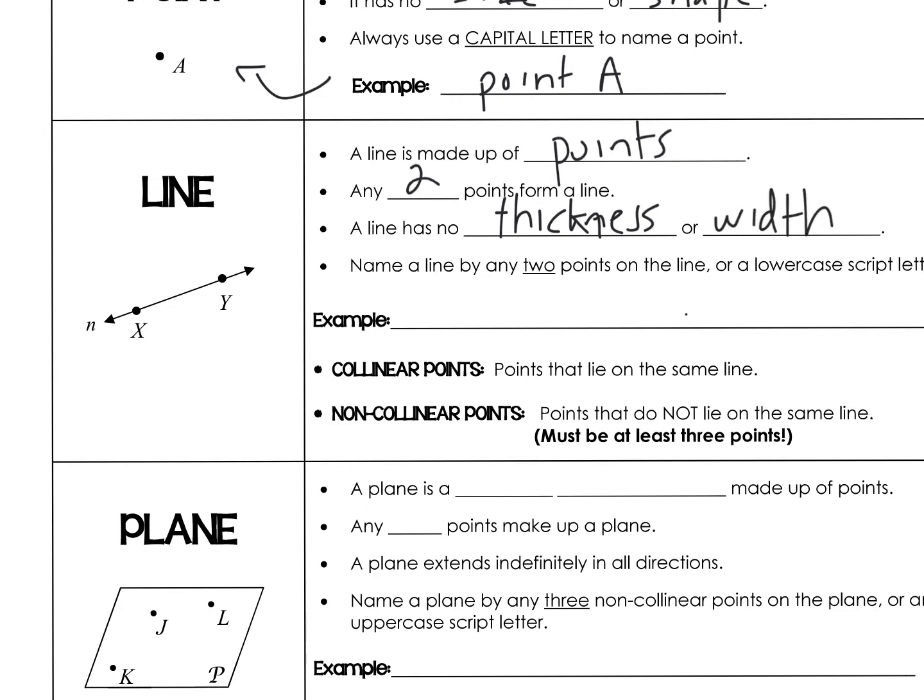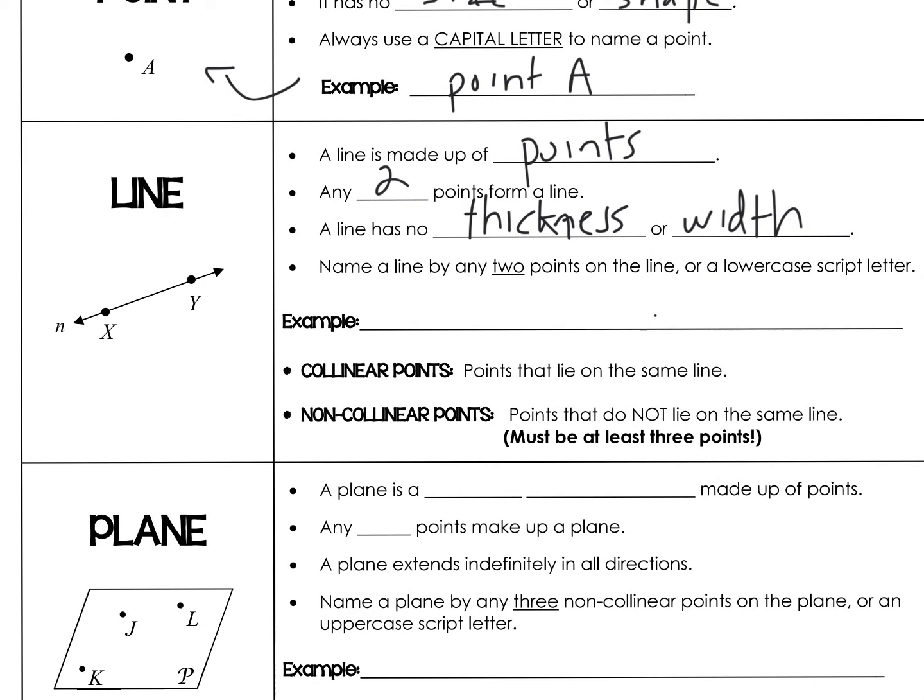and we name a line by any 2 points on the line or a lowercase script letter. So, for example, we can name this line XY or line N, lowercase script letter, or line XY, just writing out the word.